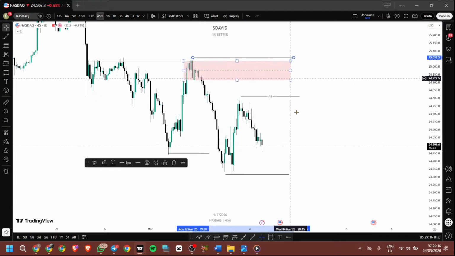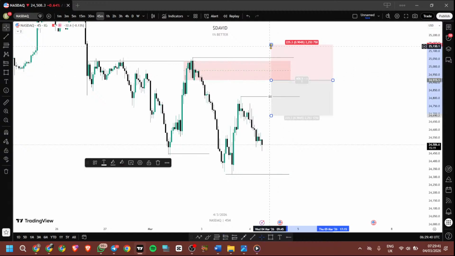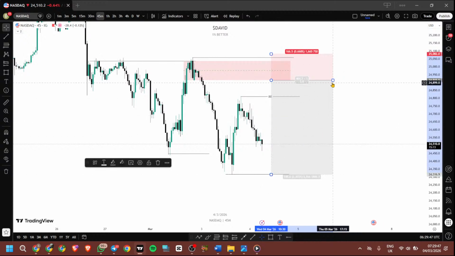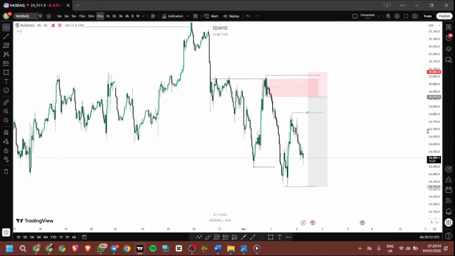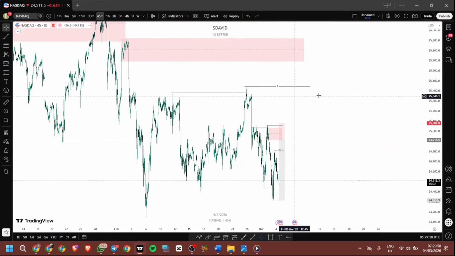So mark out as this is basically what I'm seeing on Nasdaq right now on the smaller time frame.